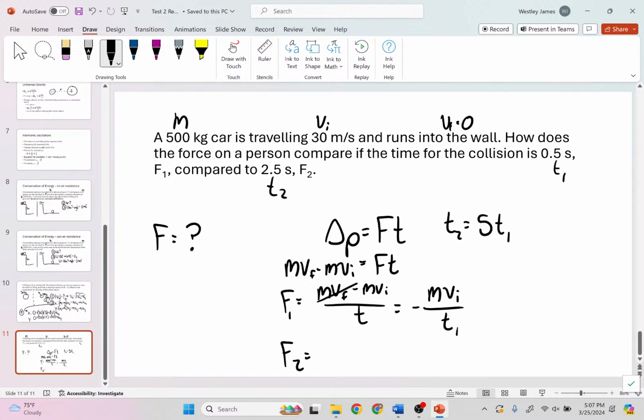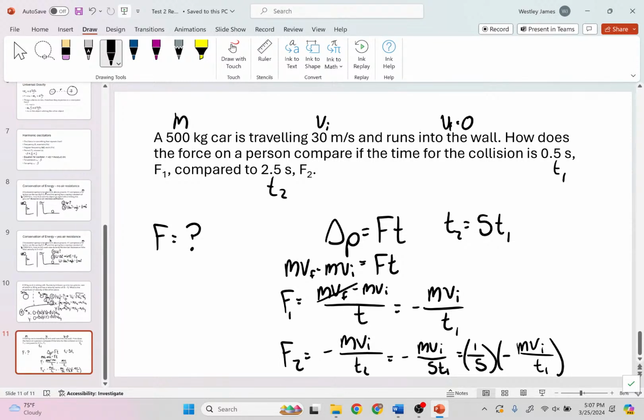F2 is going to be negative m v initial over T2, which we just said is 5 T1. If you pull that 5 out, you get that the force is 1/5, I'm going to put parentheses. If the time goes up, the force goes down.